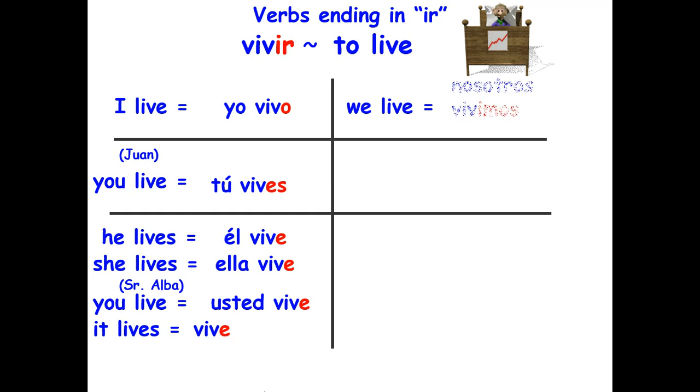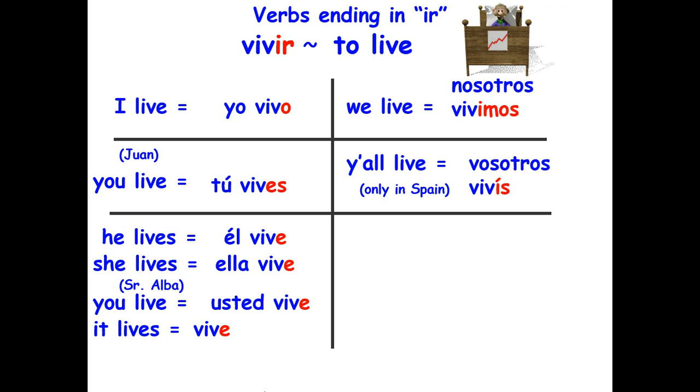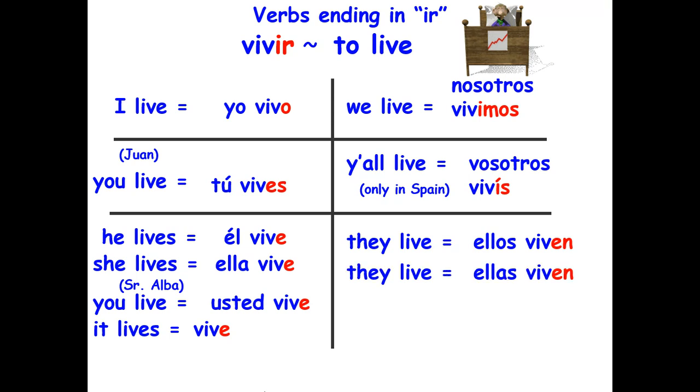We live, nosotros vivimos. Y'all live in España, vosotros vivís. They live, guys or guys and girls, ellos viven. They live if it's girls only, ellas viven. All of you live, ustedes viven. Vivo, vives, vive, vivimos, viven.